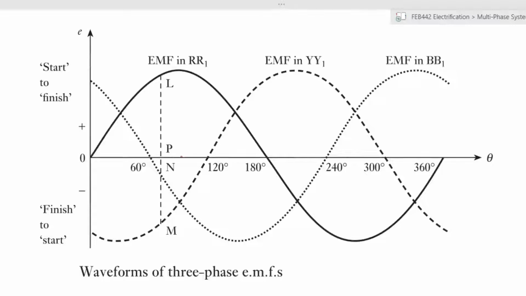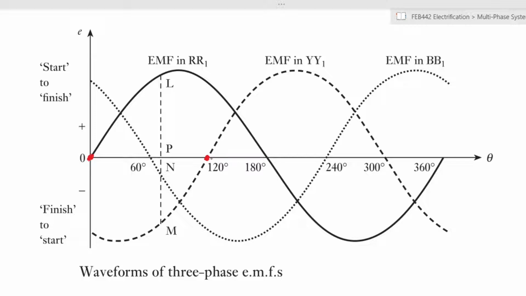And that is illustrated here by the fact that if R at this point in time has an EMF of 0, 120 degrees later, Y, which is represented by this dashed curve, will reach the same value of 0 EMF.